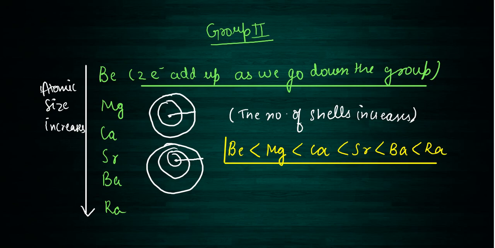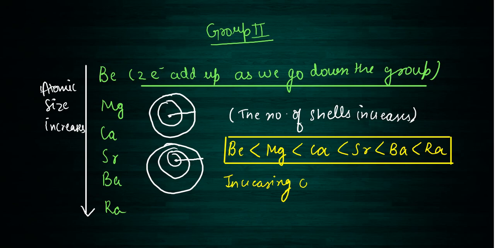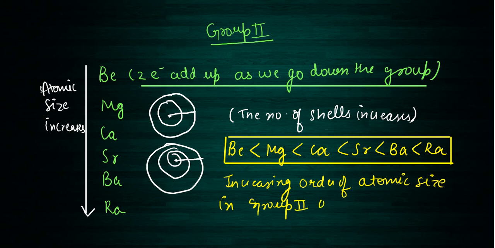Hence, this is the increasing order of atomic size in group 2 of the S block.